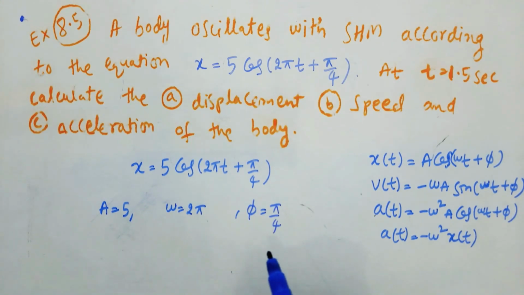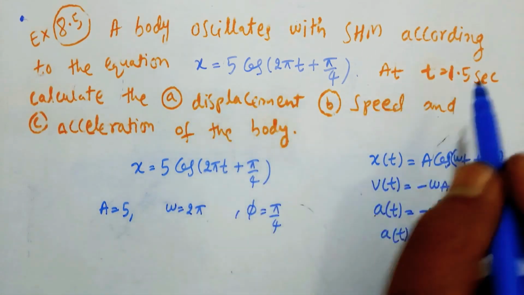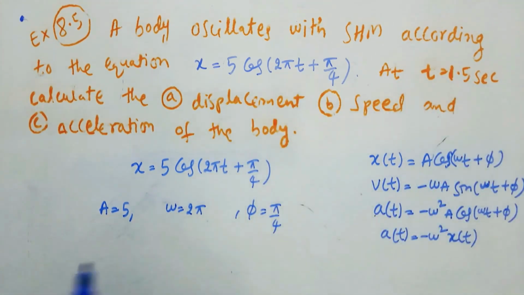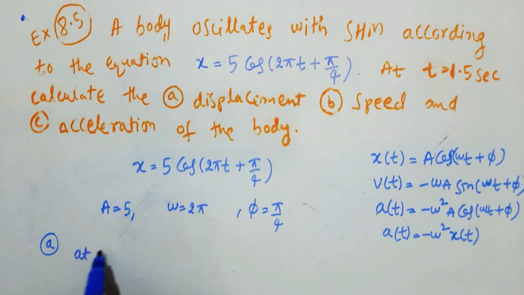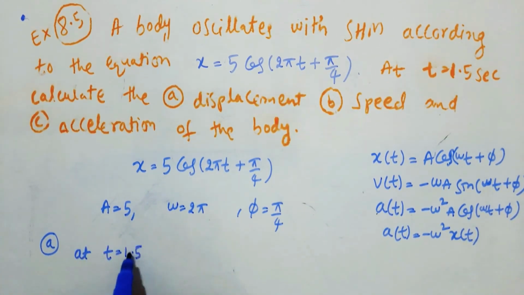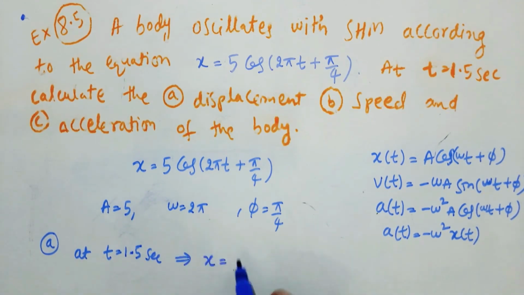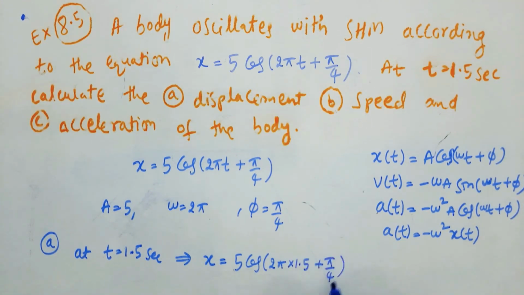So let us find the displacement at time t is equal to 1.5 seconds. Here, what is the displacement? x is equal to 5 into cos of 2 pi into 1.5 plus pi by 4.